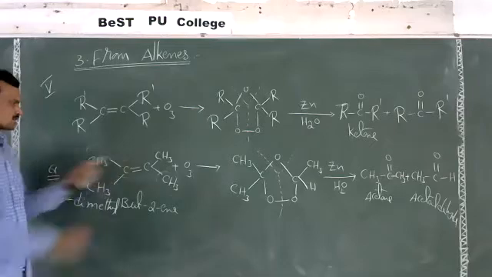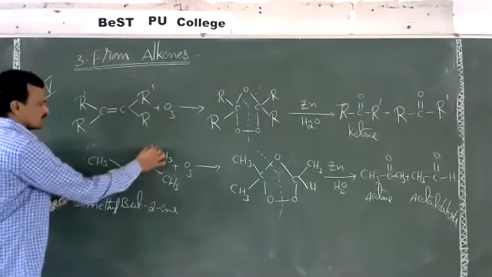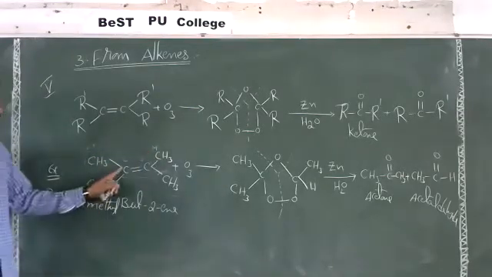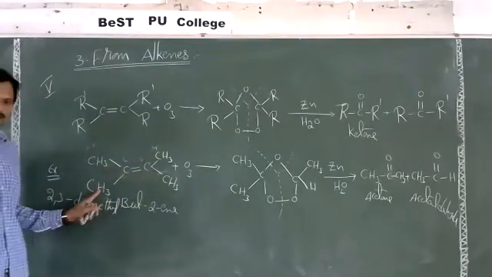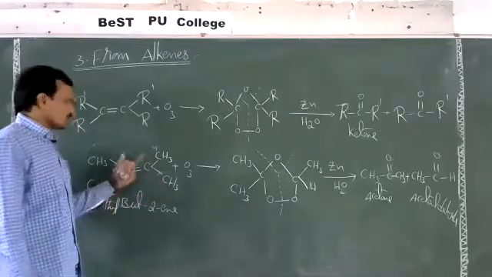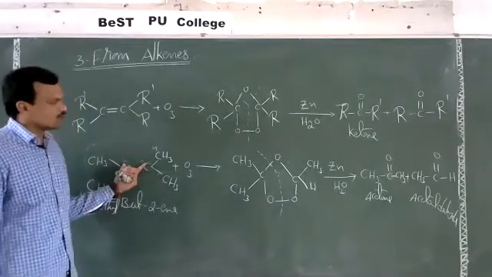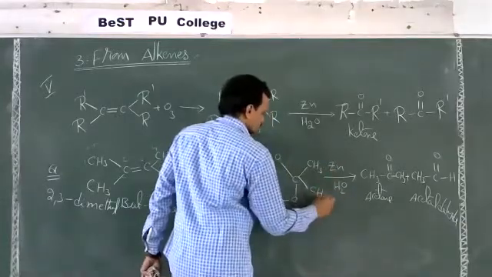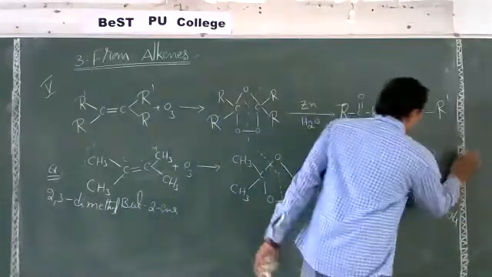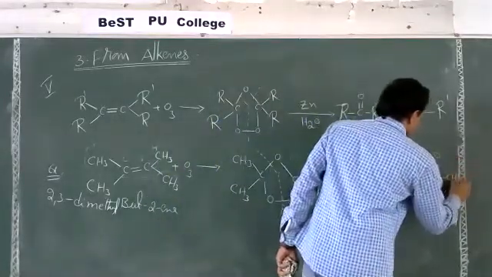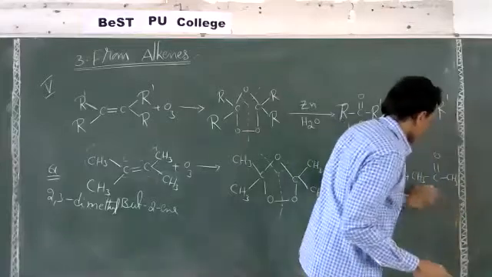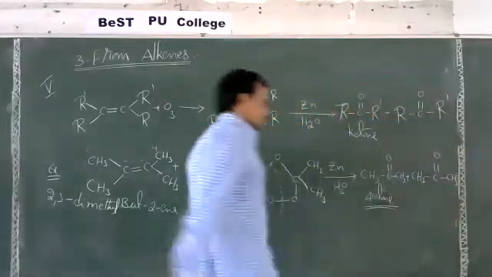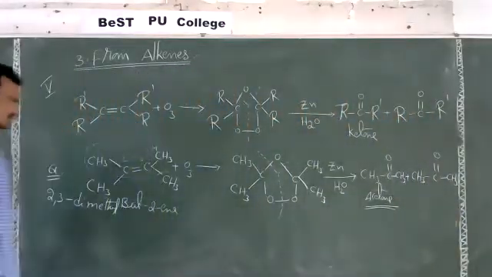So 2,3, this is first position, second, third and fourth position. So 2,3 dimethyl butadiene. So replace H with CH3 here, then here also replace H with CH3. Then what will you get? So you will get 2 moles of acetone.